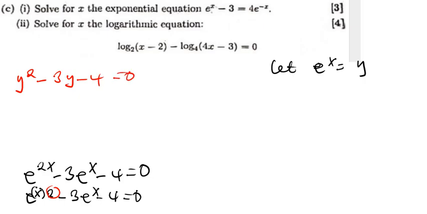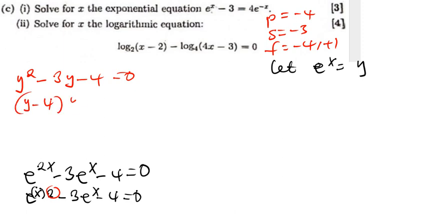At this point, product negative 4, sum negative 3, the two numbers should be negative 4 and positive 1. If I multiply them, negative 4, and I add them, negative 3. So it's y minus 4 and y plus 1 is equal to 0.